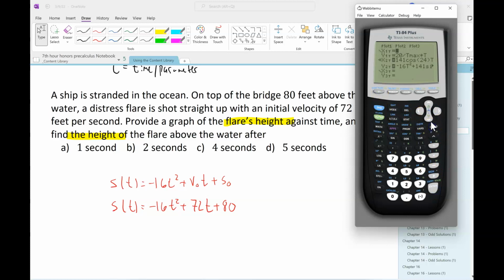So I'm going to switch my calculator now back to parametric mode, and clear out the stuff that I have in here right now. I'm going to parameterize this the same way that we did before. I'll make the x equation equal to t, then replace the x's with t's and type that equation into the y.